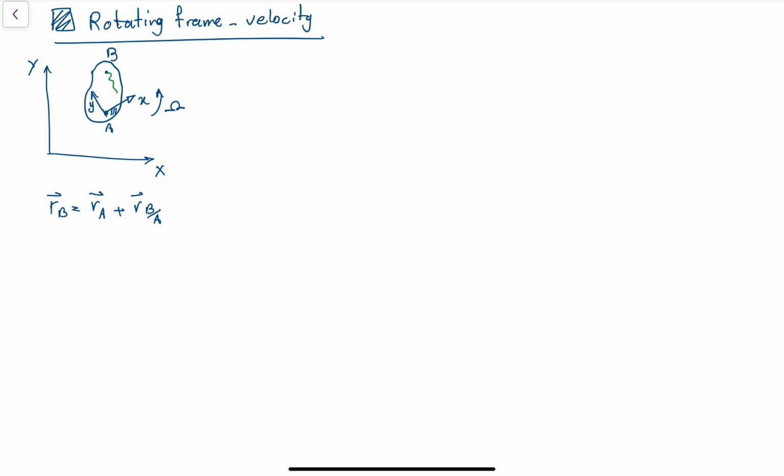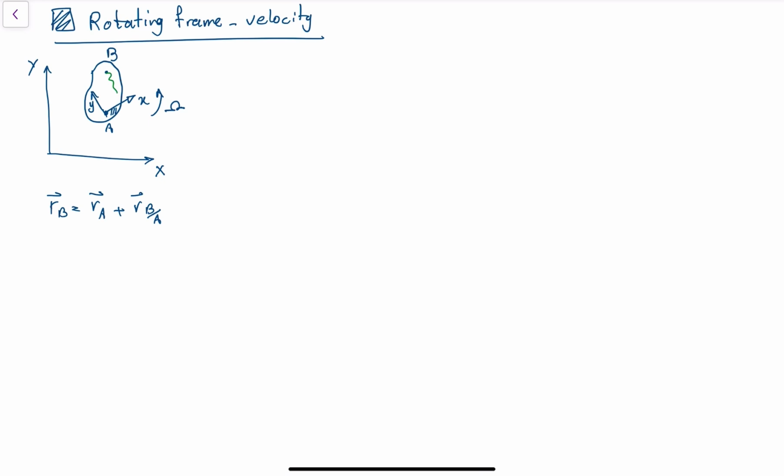We have the little frame XY that is fixed to the body and rotates and moves with the body with angular velocity, big omega. And point B is a point on the body, but it can move around on the body. So it's not a fixed point. So that is the setup.